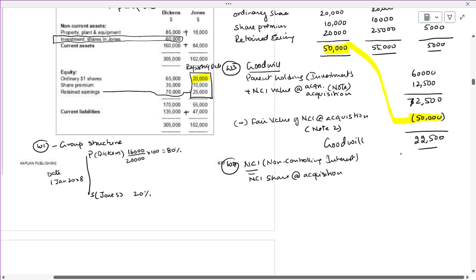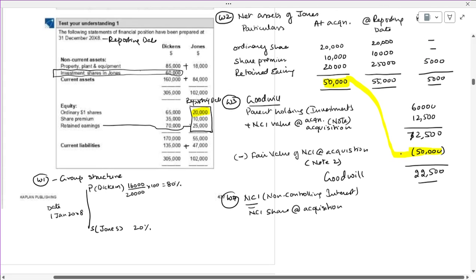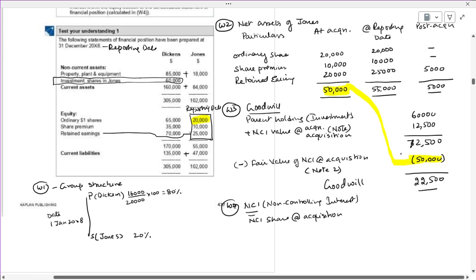How much is the NCI share at acquisition? What is the percentage? What is the NCI value at acquisition?